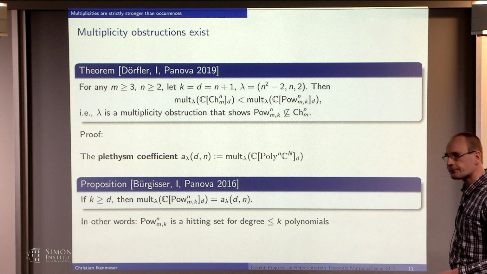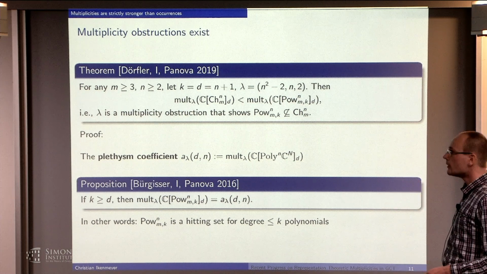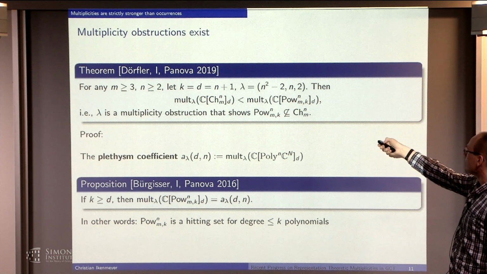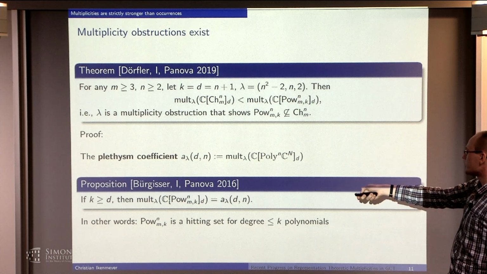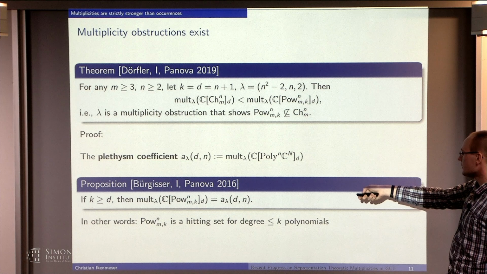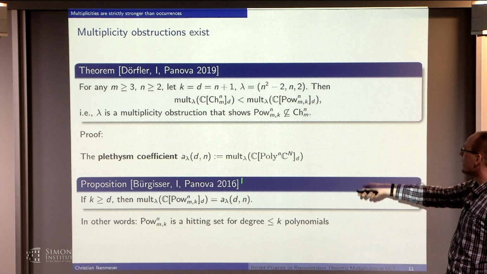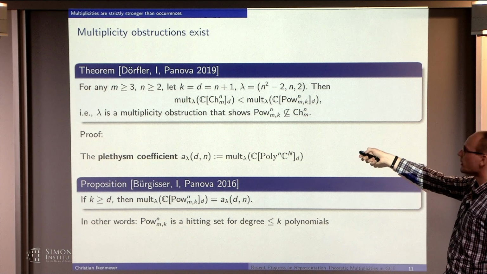Do you have a gap between these multiplicities, or is it just by one? Here, as you see, this will be exactly A. And here we don't know, but the gap is at least 1.